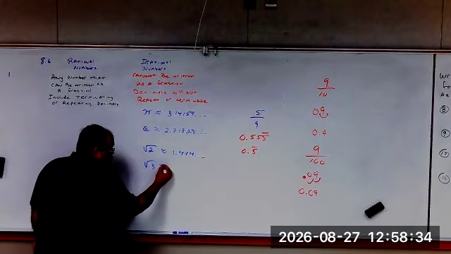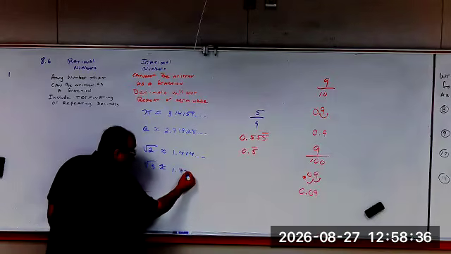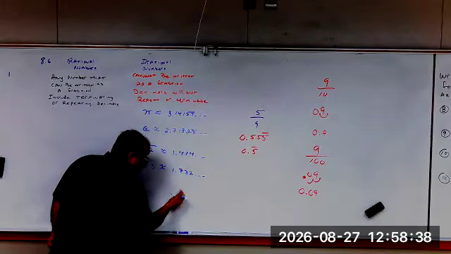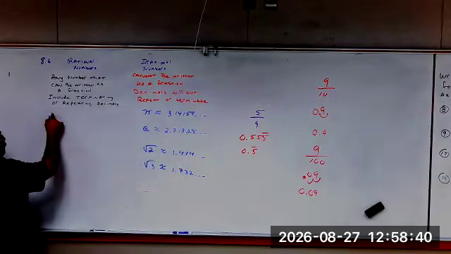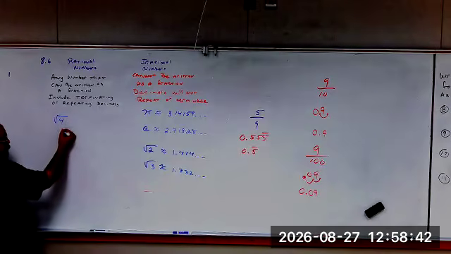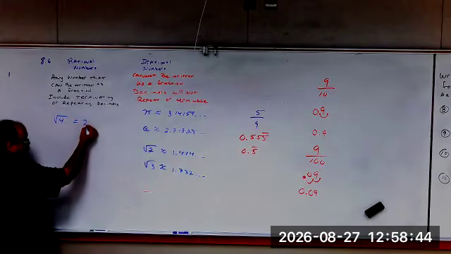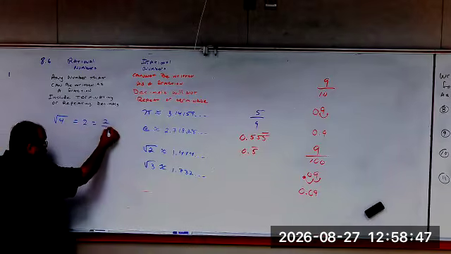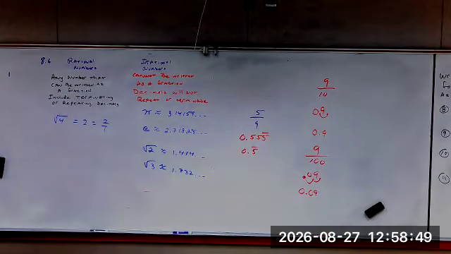The square root of 3, 1.732, no last digit. But the square root of 4 is exactly 2, and that is exactly 2 over 1. I can change it into a fraction. So some square roots are rational. Other square roots that are not perfect squares are irrational.